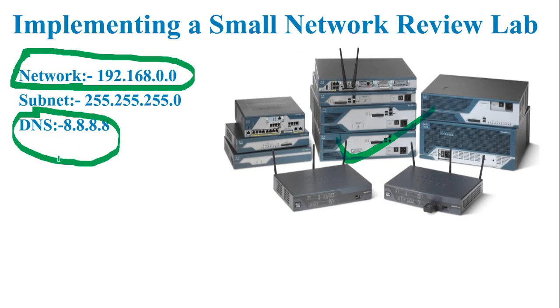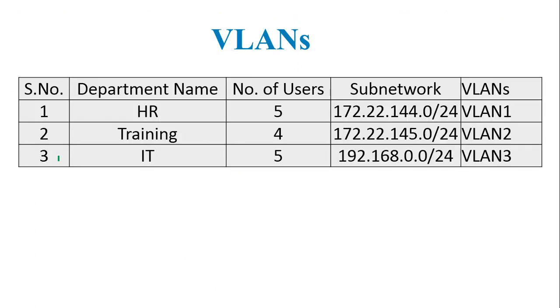Okay, and I got 3 departments. One is the HR department, I have 5 users. This is how we need to plan. And I got one training department that will have 4 users, and I got IT, which will have 5 users, and I decided to go with 3 separate networks.